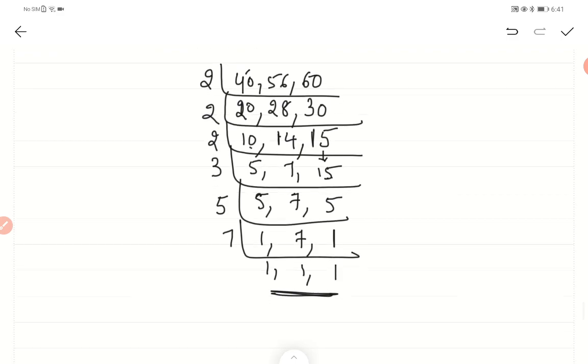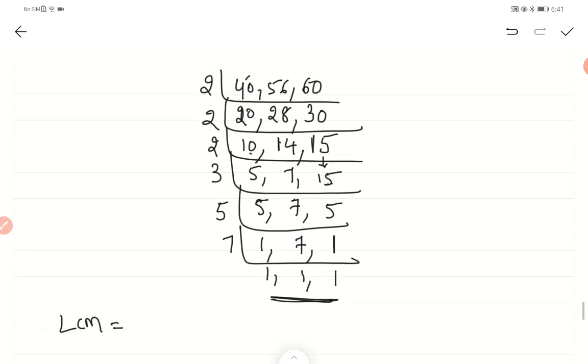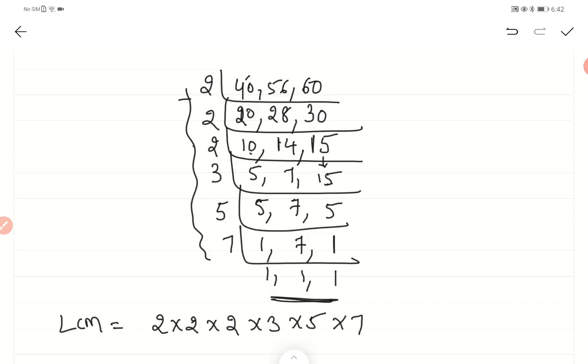Now your least common multiple is nothing but, how many 2's are there? 1 2 3. All these you need to just multiply. So 2 into 2 into 2 into 3 into 5 into 7 into 1.